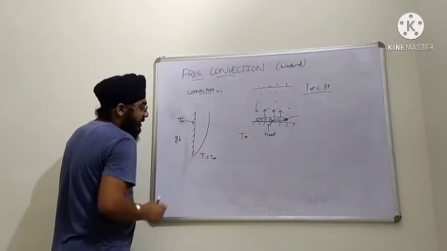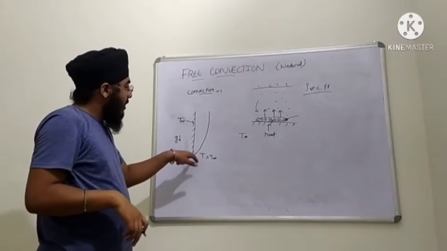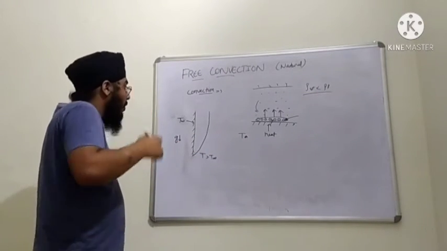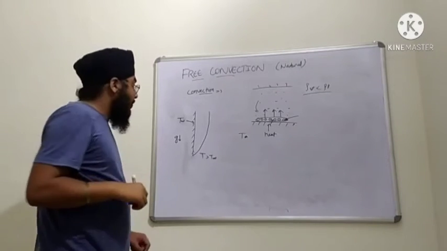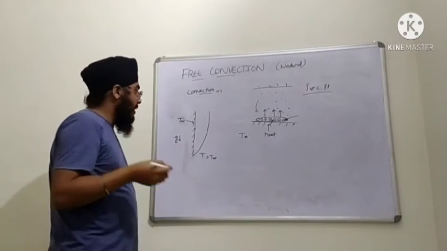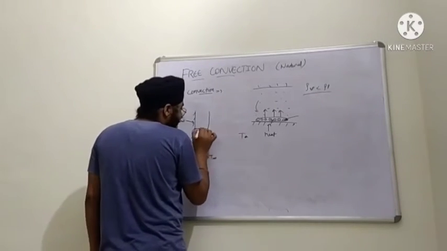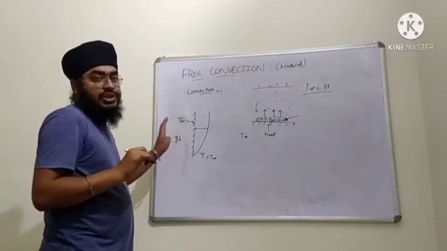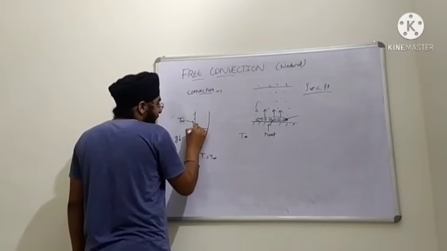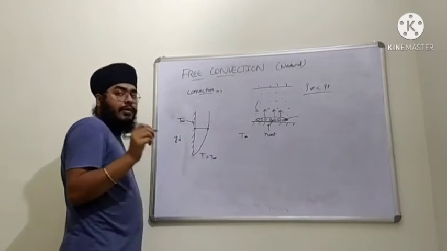So here at this point the temperature of the air is greater than the ambient temperature. Now the velocity of the particles here and here will be 0 because they have to stay in this position. So particles will move from here to here, but velocity at this point and this point will be 0.